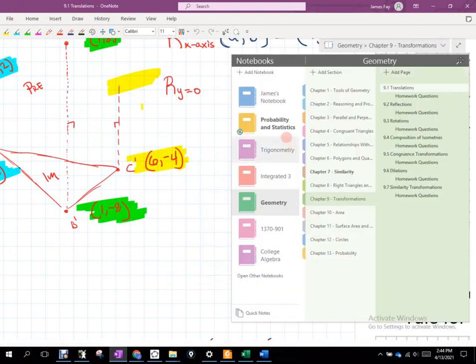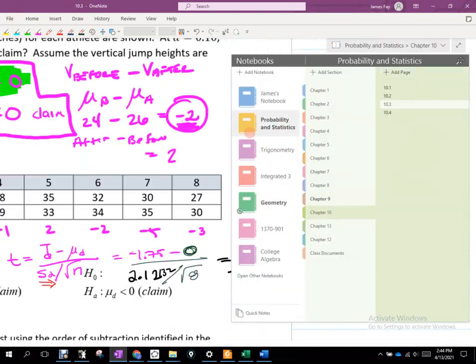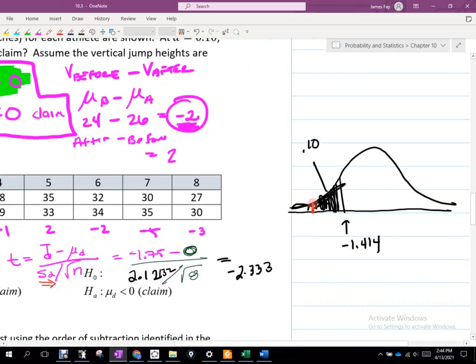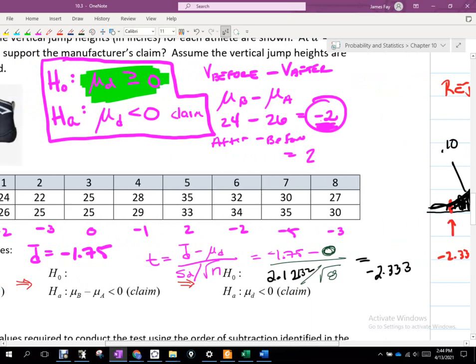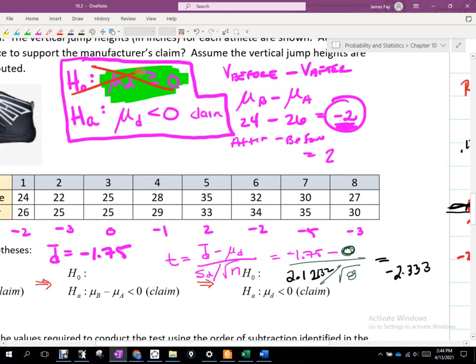Falls to the left, right? Okay, so it falls over here. Okay, so if that's negative 2.33, what do we do? We reject. We reject the null hypothesis. Okay, so if I reject this, then we would say that we have sufficient evidence to support this, which was the claim, right?